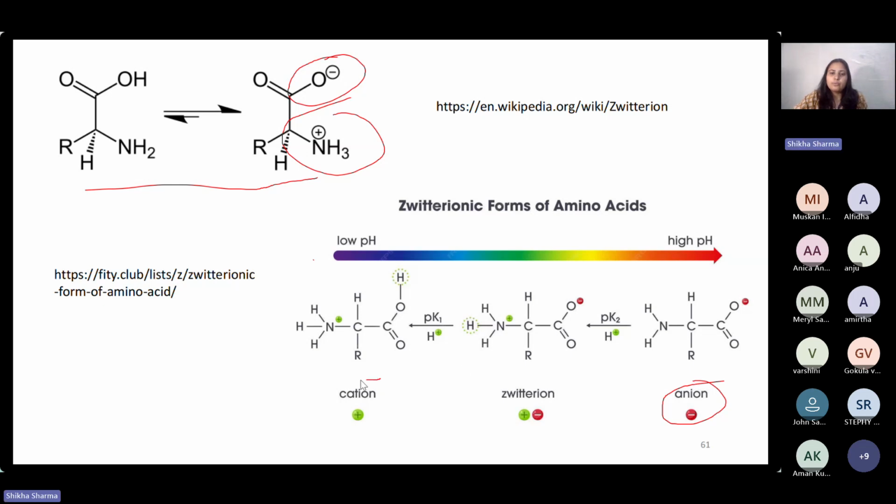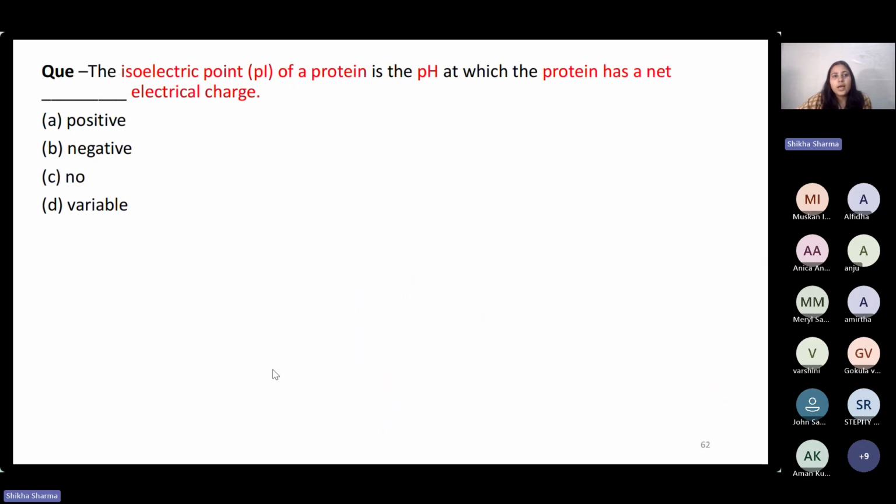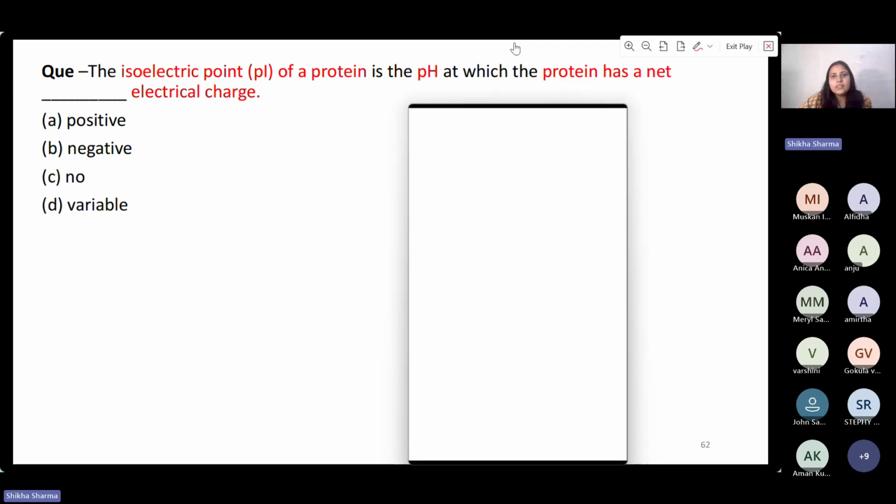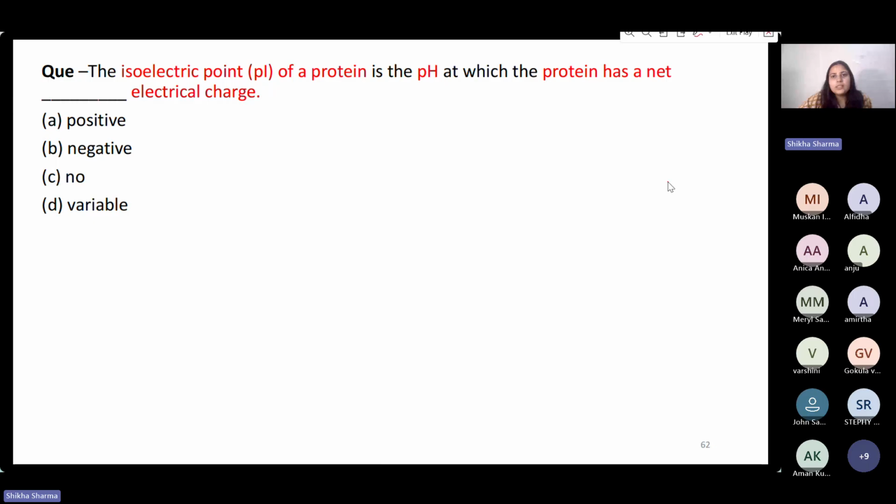And if the pH is very low, it will show a positive or cationic property. The isoelectric point of a protein is the pH at which the protein has a net electrical charge: positive, negative, no, or variable. Anyone would like to answer what is the isoelectric point of a protein?